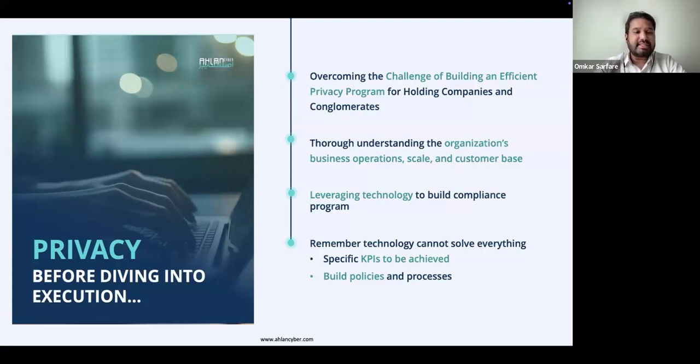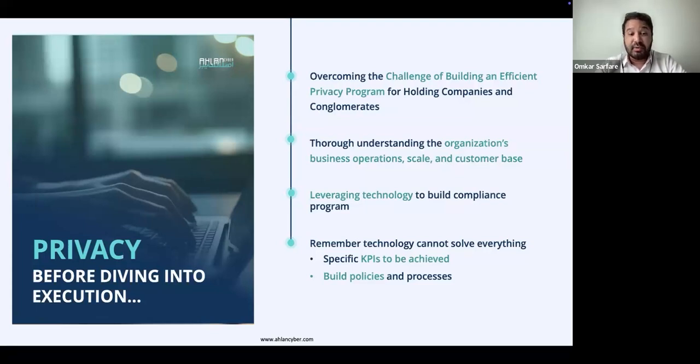The second one is layering technology into your privacy practice. Technology plays a pivotal role in privacy compliance, like automating processes, monitoring compliance, and ensuring robust security measures as well. So tools such as data discovery, classification, and also tools that enable encryption can streamline the identification and safeguarding of sensitive information, or let's say personal data, in your organization.